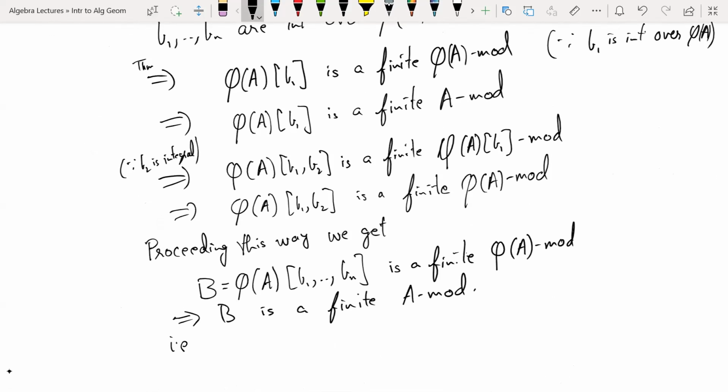So B is a finite A algebra. That is what a finite A algebra is: a ring extension which is a finite module over the smaller ring.